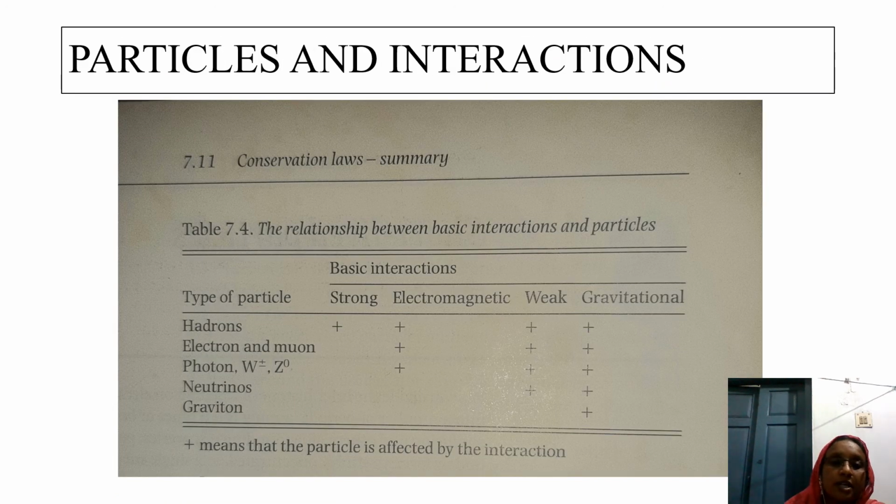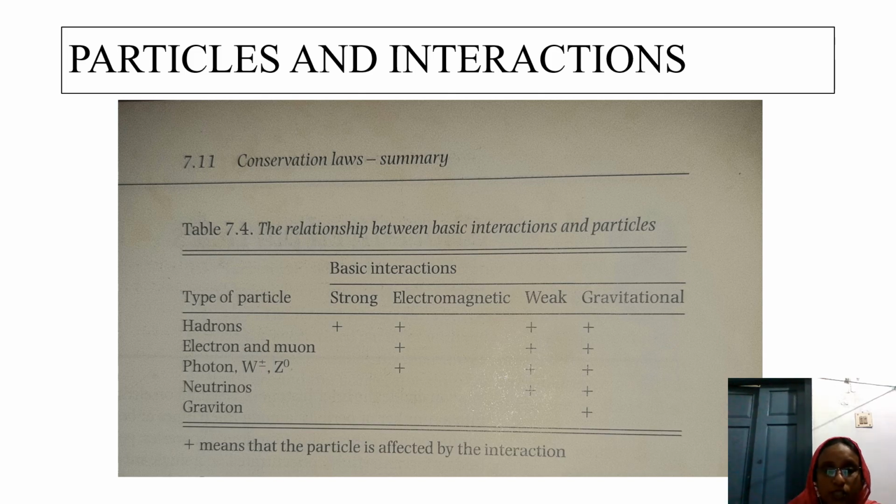Now, the behavior of particles and their interactions. Here we already learned about different classes of particles, and you can see that hadrons are heavier particles. Hadrons are affected by strong interaction, electromagnetic interaction, weak and gravitational interaction.